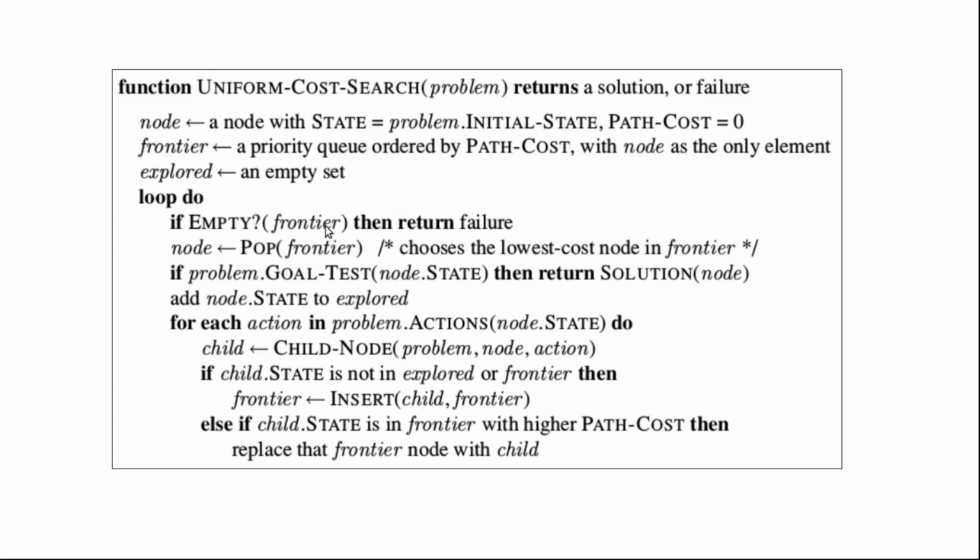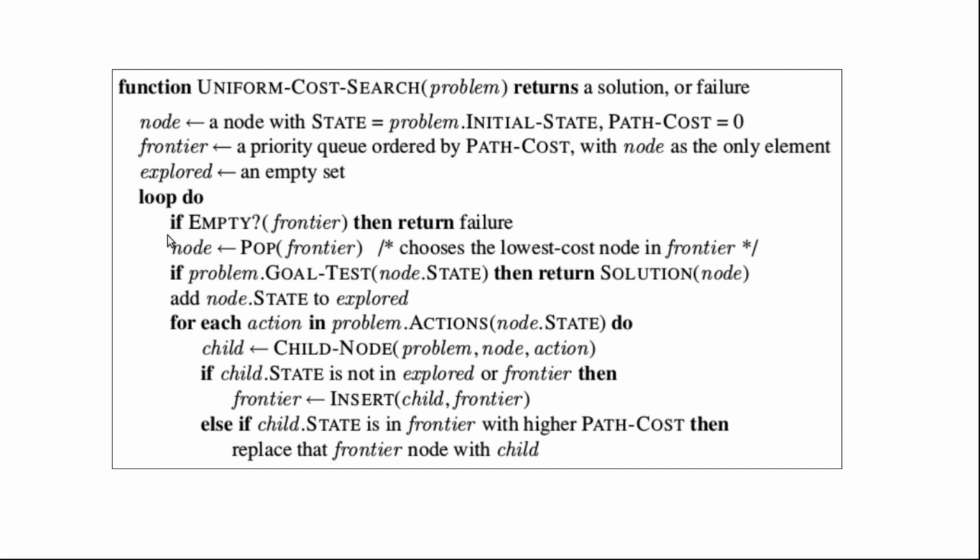If the frontier list is not empty, in that case we will pop, we'll take the first node from the list, and as you can see in this algorithm, when the node is selected for expansion, at that point we check whether that node is the goal node or not. And if it is the goal node, we return the solution. So this is another way we can exit from this loop when we found a solution.